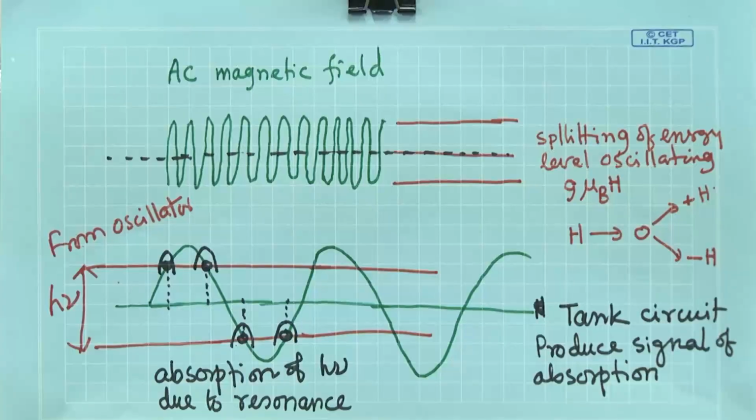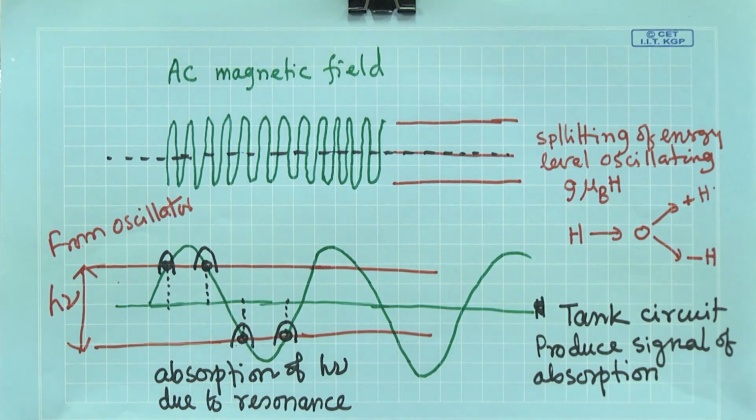So at these 4 points, 4 times energy will be absorbed and the corresponding signal will go to the CRO Y plate. There we will see 4 peaks.